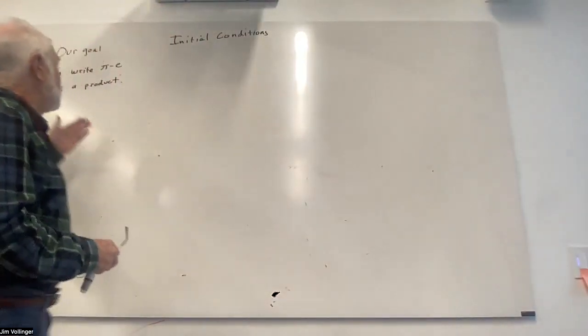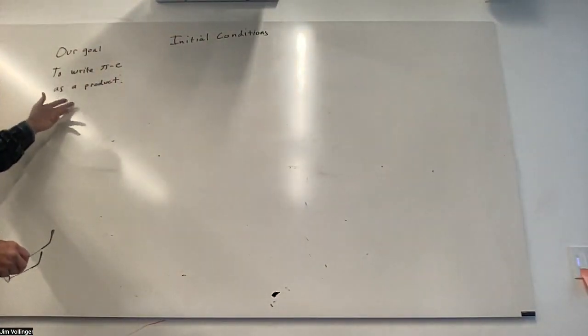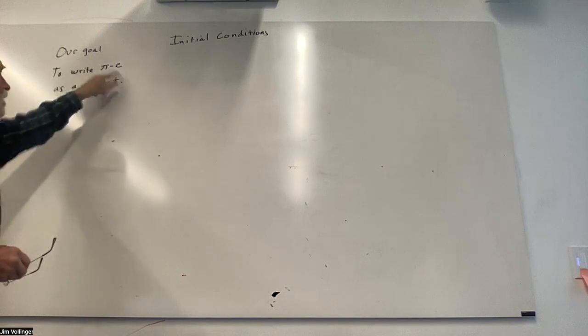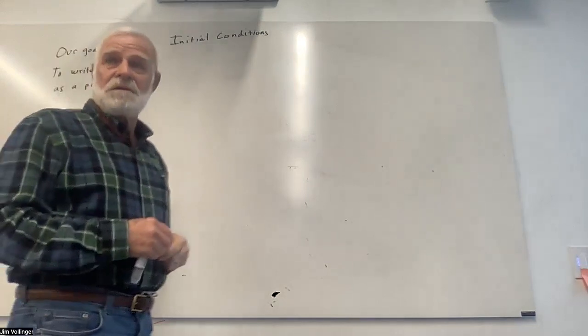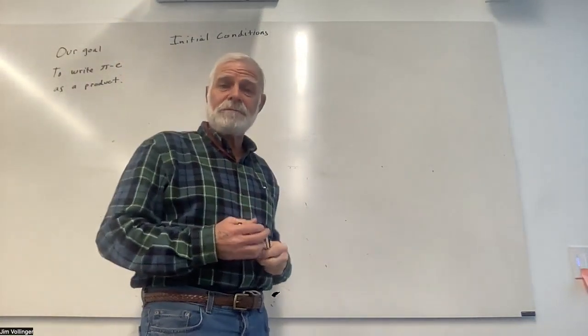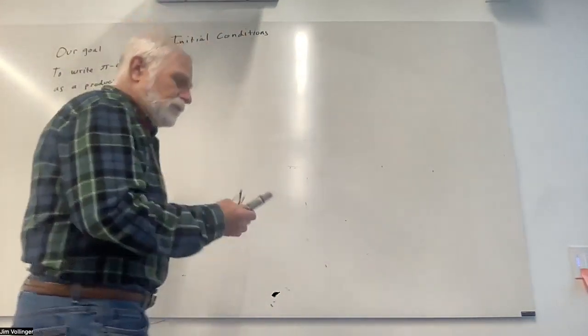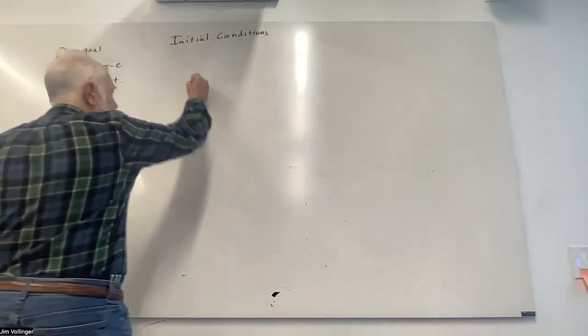All right, so our goal in this video is to be able to write differences like pi minus e as products. We'll start where the concept probably originated from. There were a couple of initial conditions, and here they are.